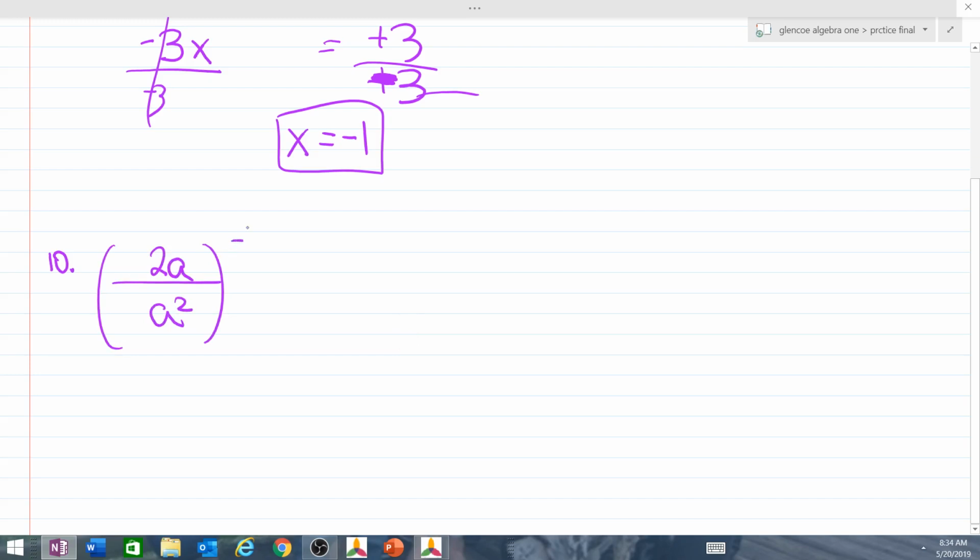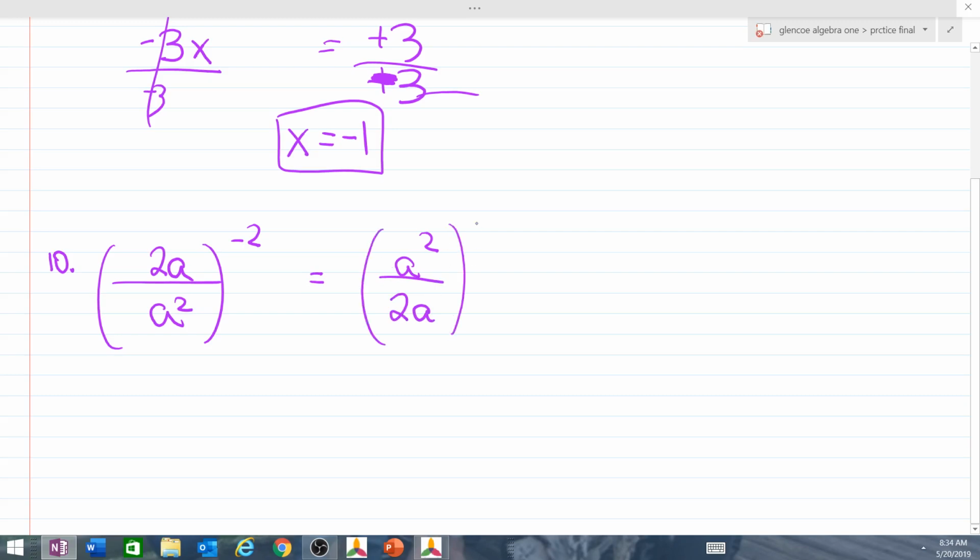Okay, so this has a negative exponent. So you have to remember that you're not allowed to have a negative exponent. So the theme here is kick it and flip it. When you kick it, it spins. When it spins, the negative sign falls off and the fraction inverts. It's going to flip. So it's going to become a squared over 2a.